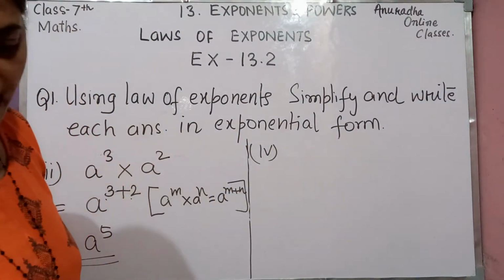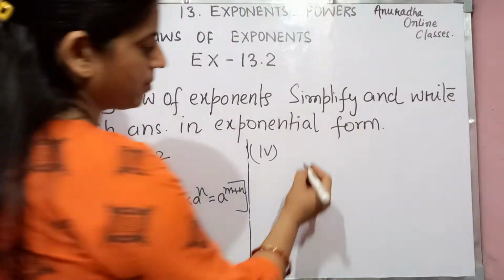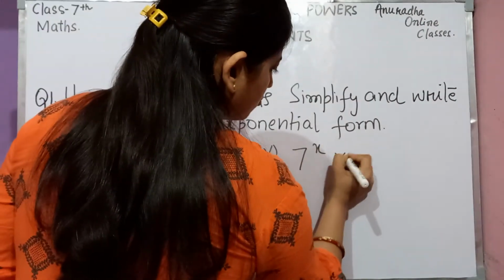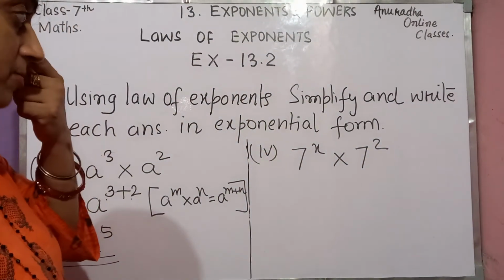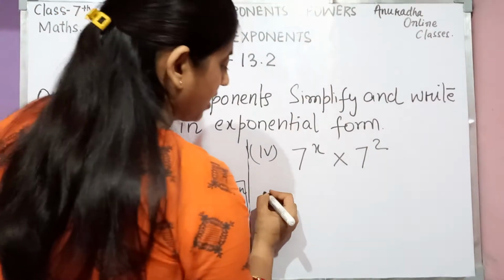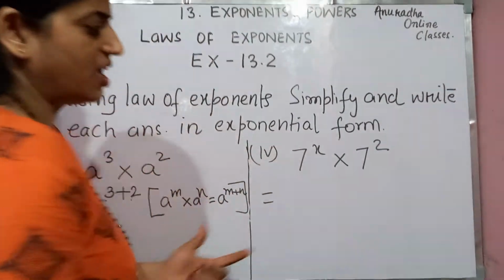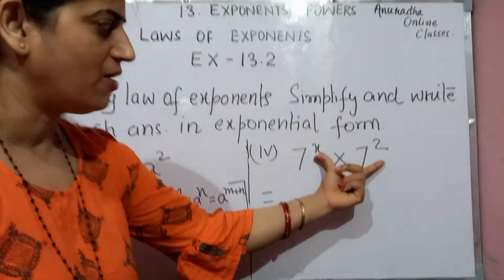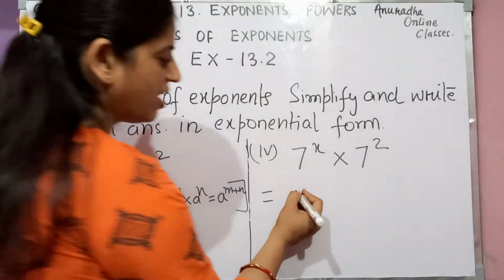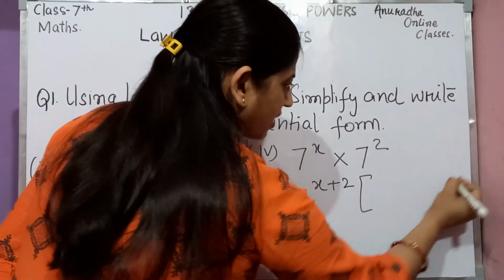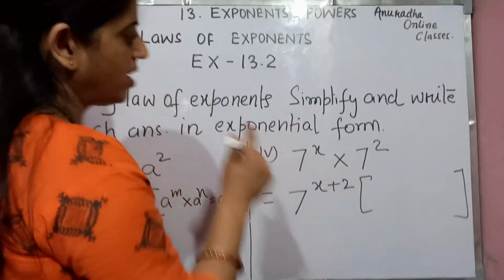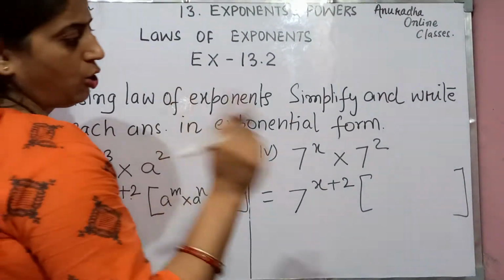See, the fourth part is given: 7 raised to the power x into 7 raised to the power 2. This is the question. You can see the bases are the same and the powers are different. That means we have to add the powers. But in the bracket you have to write the law also, as they have asked to use the law of exponents.